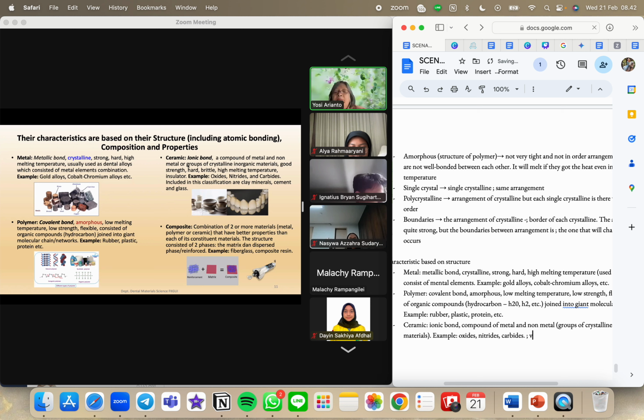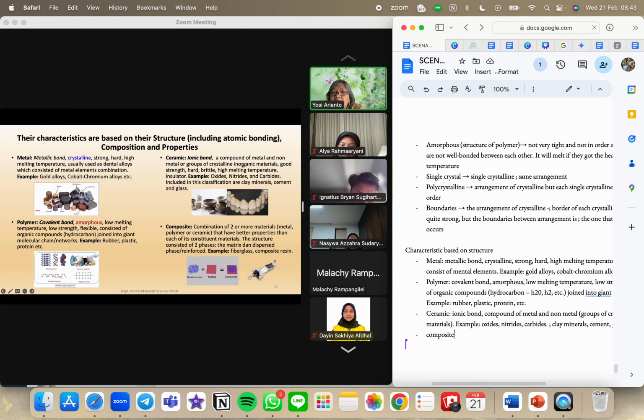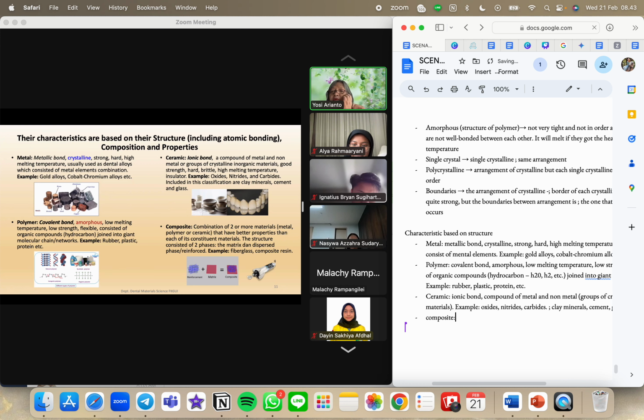Okay. One is ceramic. The ceramic has an ionic bond. You have three atomic bondings here: the metallic bond, the covalent bond, and for ceramic, the ionic bond. This is ceramic, crystal in inorganic materials.